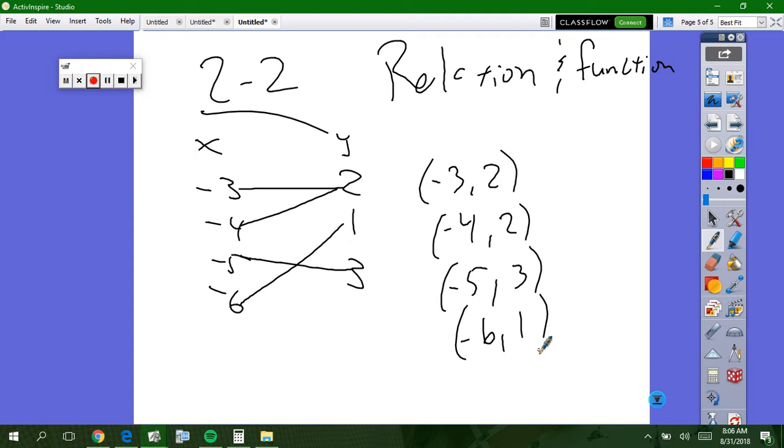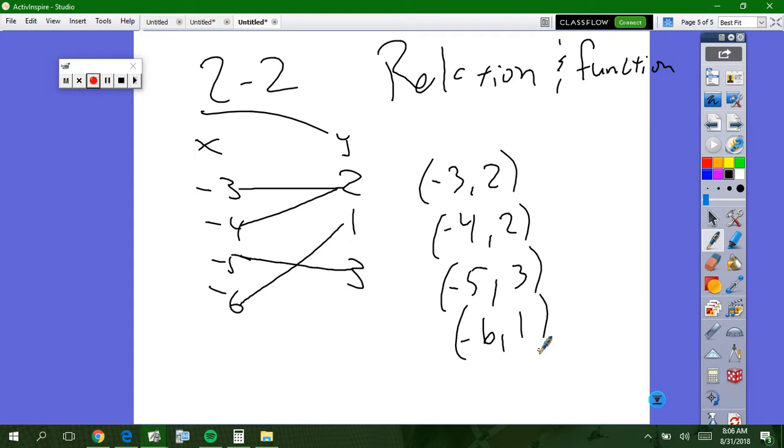So kind of a little bit, but for every input, there is exactly one output. So what does that mean? It means -3 can go to 2. -4 can go to 2 because they have their own output, meaning -4 is not going to 2 and to 1. Notice he has one input, he's getting one output, right?